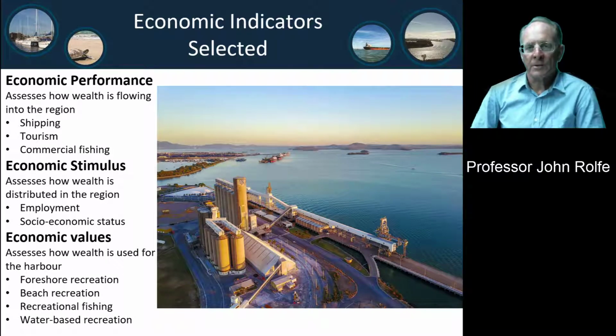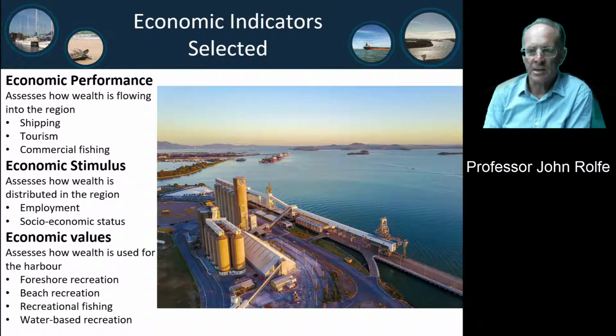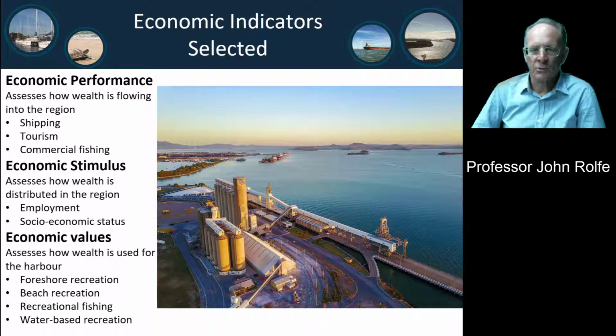The fourth component of the Gladstone Harbour report card looks at economic indicators, and this again covers 3 main dimensions. Economic performance looks at how wealth is coming into Gladstone from shipping, tourism and commercial fishing. Economic stimulus looks at how that money is being transferred into the local economy by measuring aspects such as employment levels and socioeconomic status.